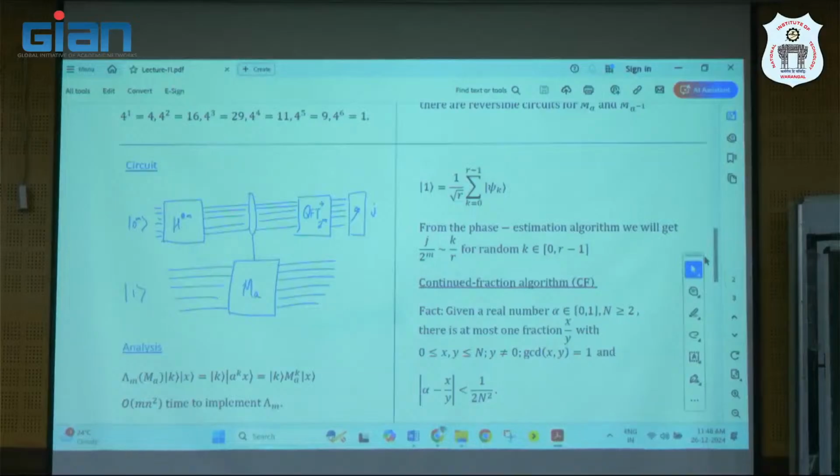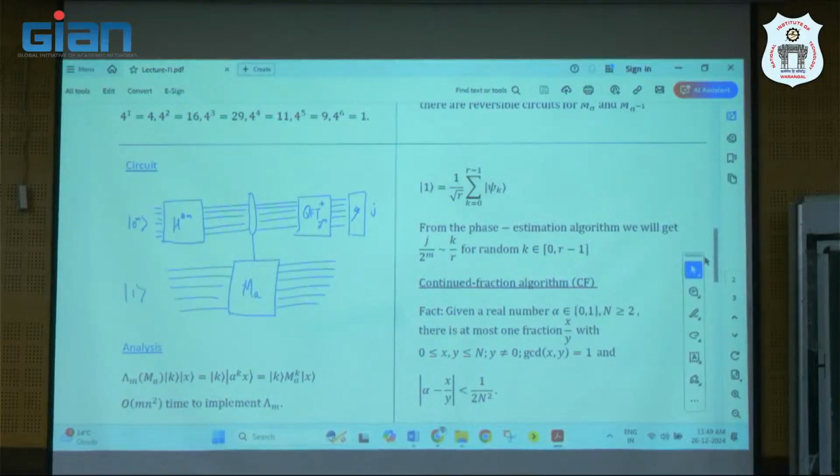So first of all, this is just a fact. This is not an algorithm. What is the fact? Given a real number alpha and a number n, think of n as a large number, there is at most one fraction. We are approximating alpha, a real number, by a rational number in its simplest form. There should be no common factor between numerator and denominator.